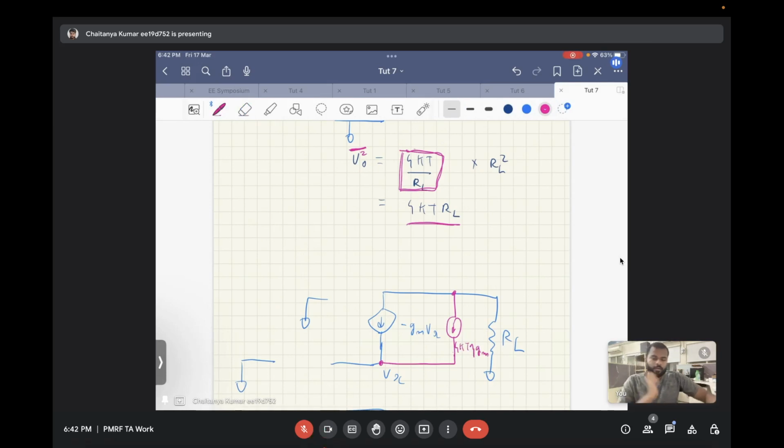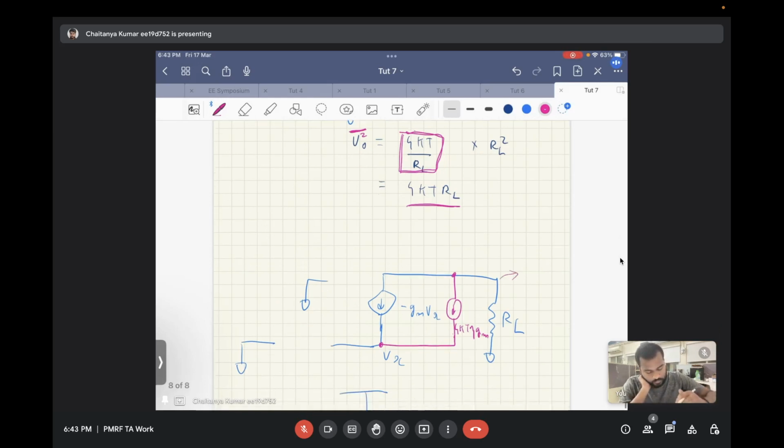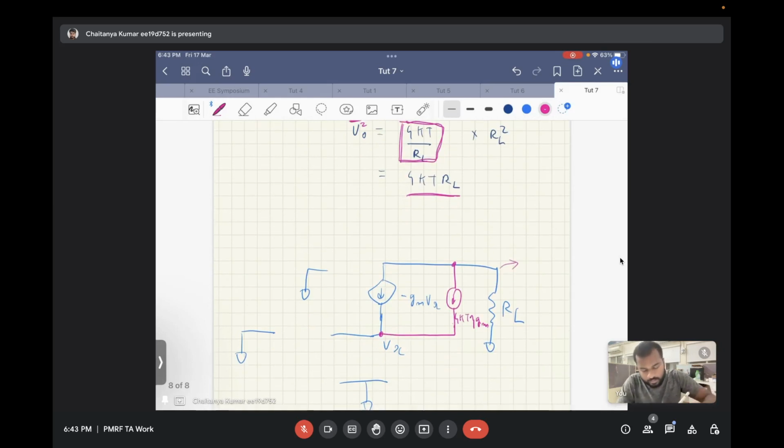Okay. Now, how to find the output mean square voltage due to this current noise source? So again, this particular current can only flow upwards, right?